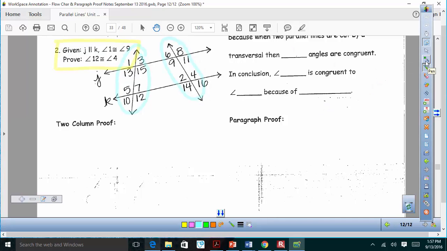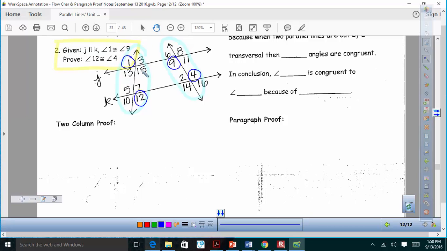Okay, so we can't work all the way around. We're looking, it tells us that angle 1 is congruent to 9, so I'm going to circle 1 and 9, and it wants me to prove 12 is congruent to 4. So 12 and 4. Those are the only angles that I need, is what's given up here.